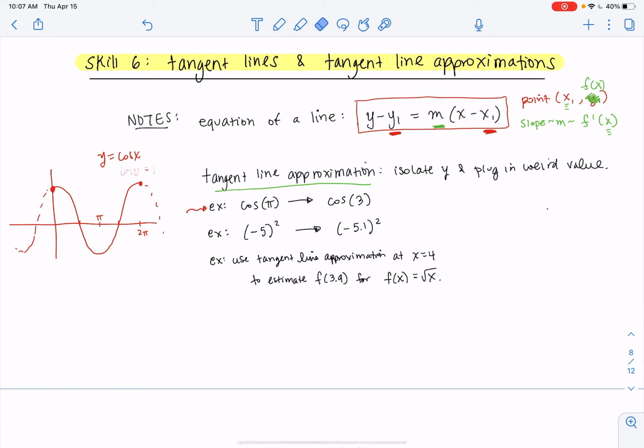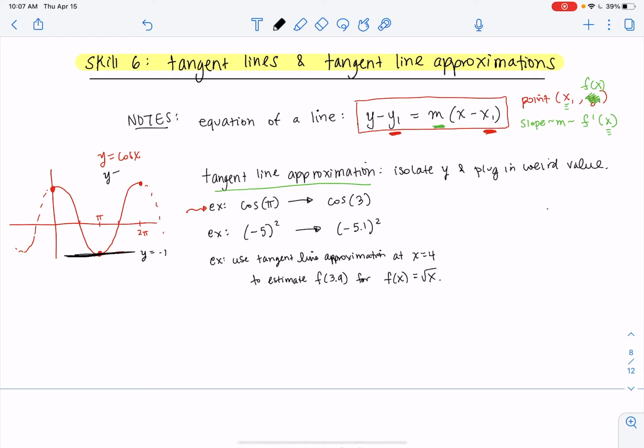Now, let's say I was asked to use the tangent line approximation at pi. So here's what that means. The tangent line approximation at pi means find the equation of the tangent line first at pi, which just so happens to be a straight line, y equals -1. And it says use that to approximate the value, let's say, of cosine of 3.